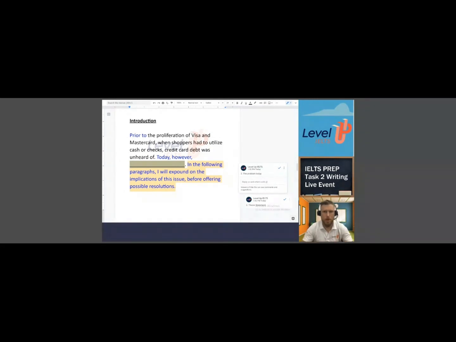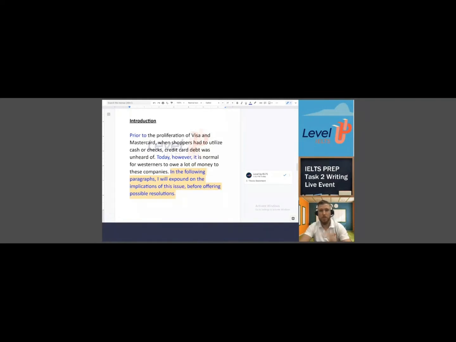And people tend to spend a lot on the credit cards, so they end up owing money to these companies pretty much. Okay. So you said today, however, it's normal for Westerners to owe a lot of money to these companies. Okay. So we just got the idea there very simply.